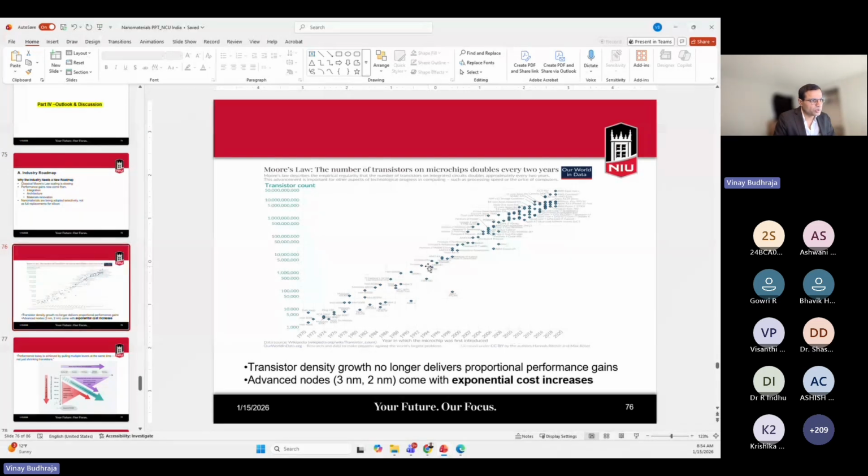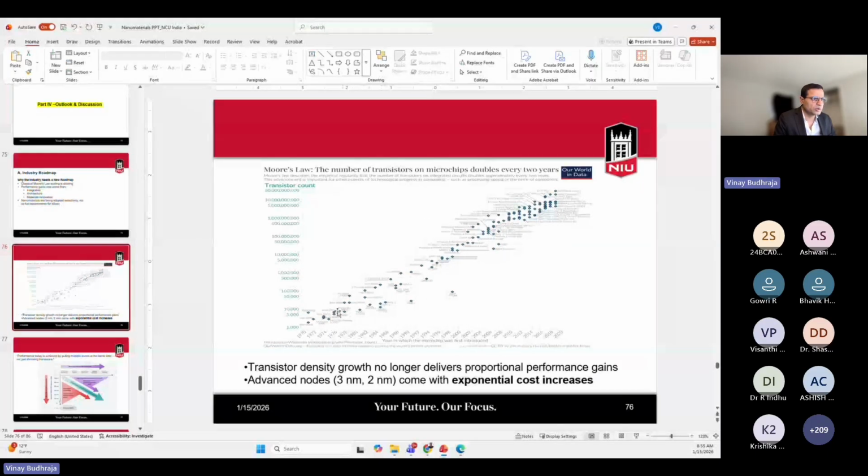Here's Moore's law. Transistor density growth no longer delivers proportional performance gain. The advanced nodes, 3 nanometer and 2 nanometer, come with exponential cost increases.